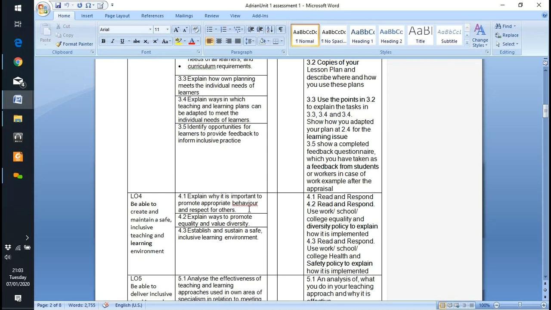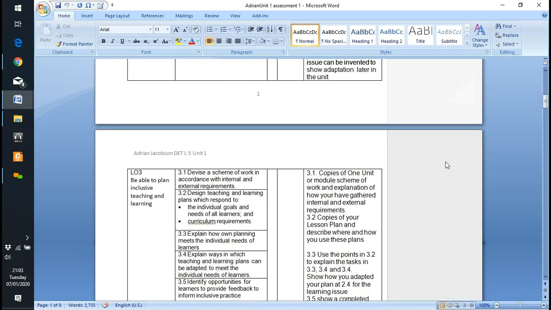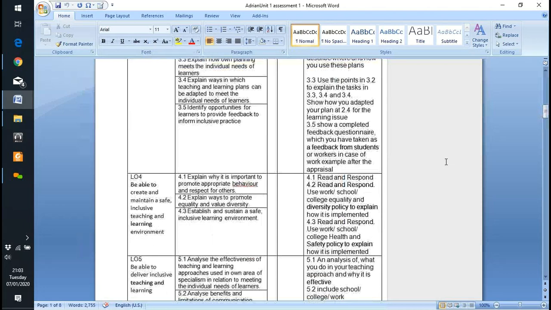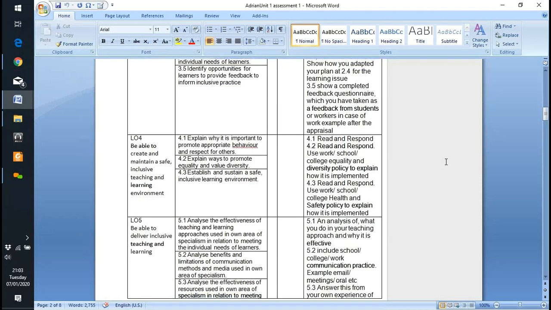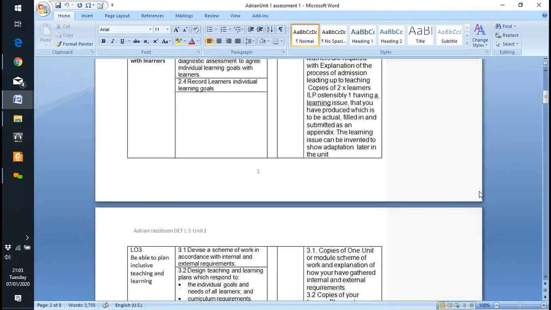Again, they may record it themselves, but it's not really officially done on a document. So that's objective 3, leaning into 4. But as I said, 4 is not a very big one, and part of it will be covered by an observation anyway.